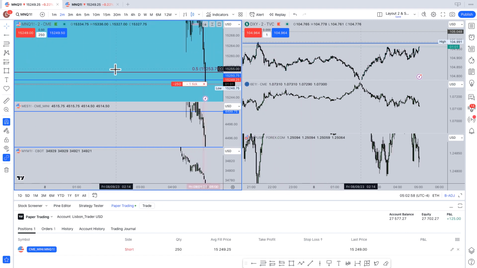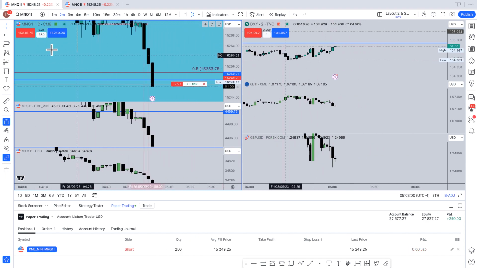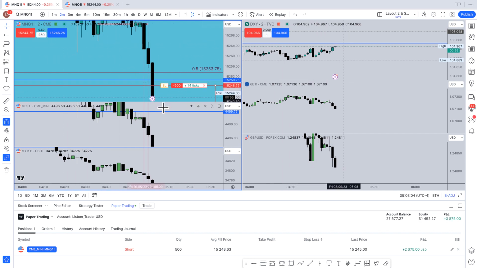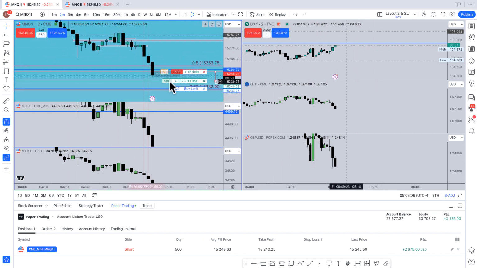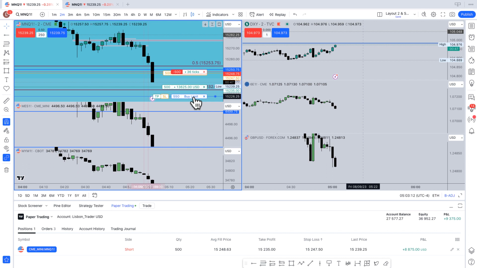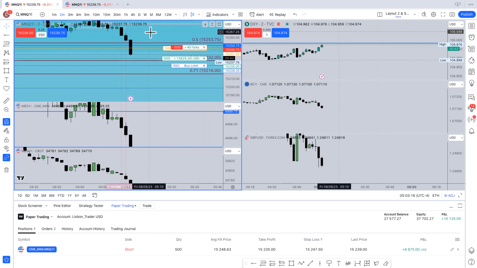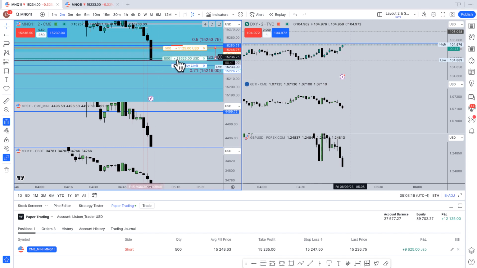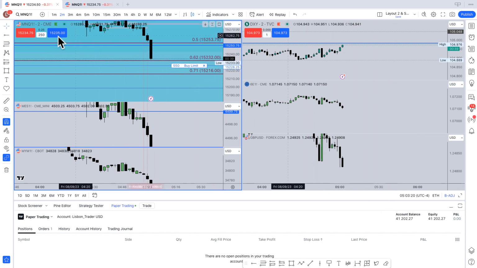So now squeezing down till almost here. Stop to break even. So recovering much. Done. 41.